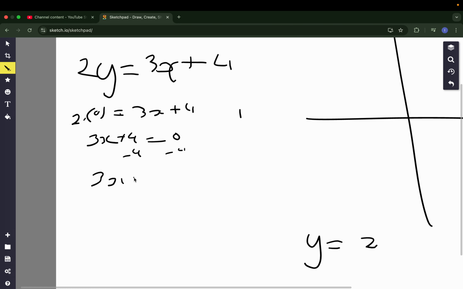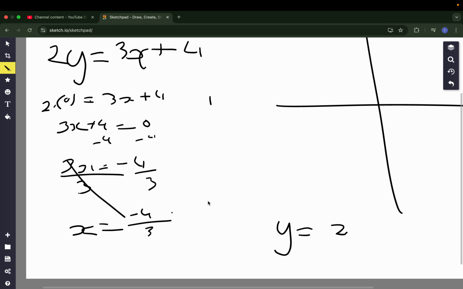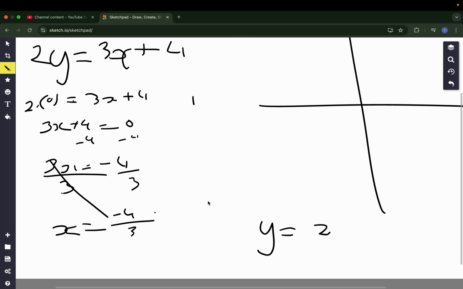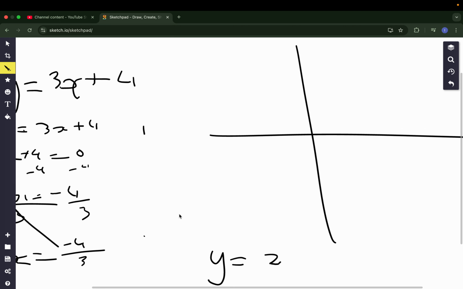3x equals negative 4. Now we have to divide by 3. So the x-intercept equals negative 4 over 3. It's going to be a bit hard to graph, but we'll make do with it.